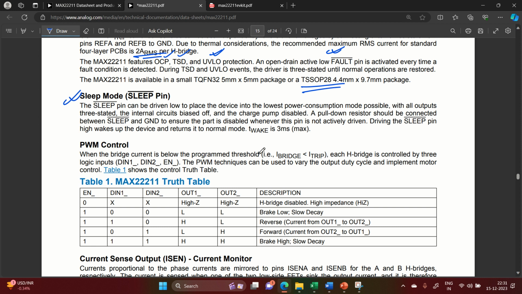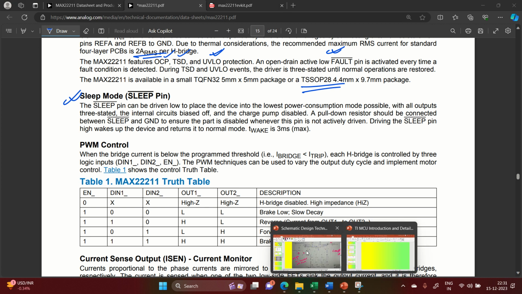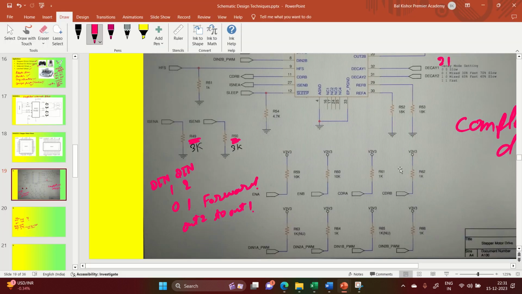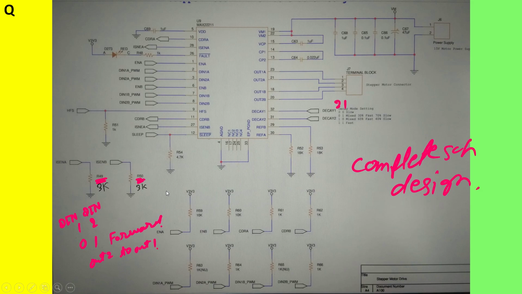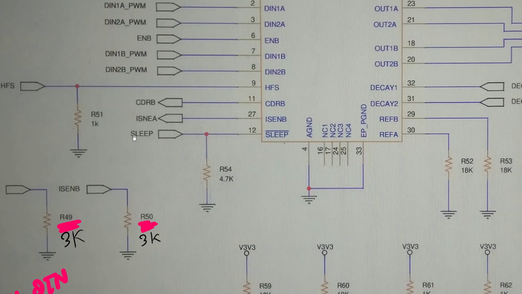So what I'll do is I'll just directly open the schematic design, and in that you will see what the things are that are given here. We'll be putting them one by one. Okay. So let us say sleep mode, right?